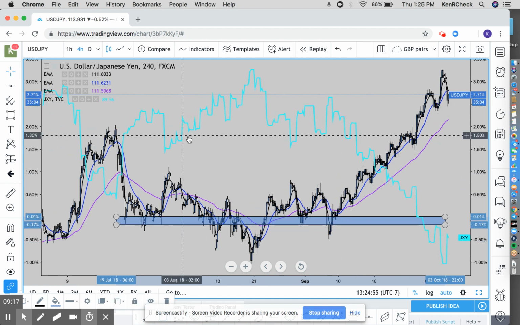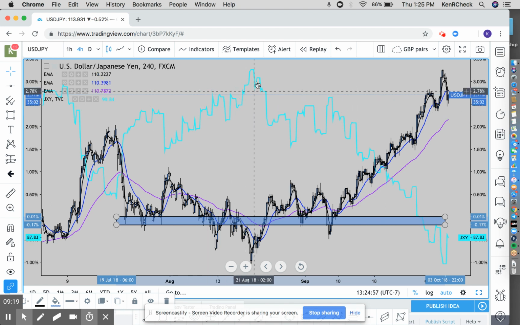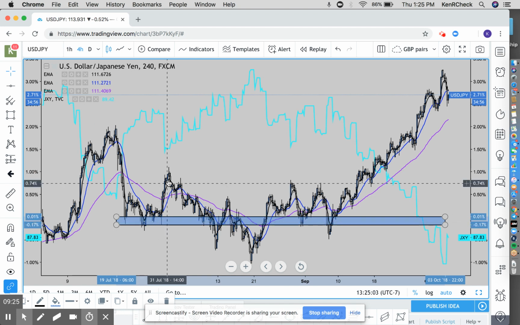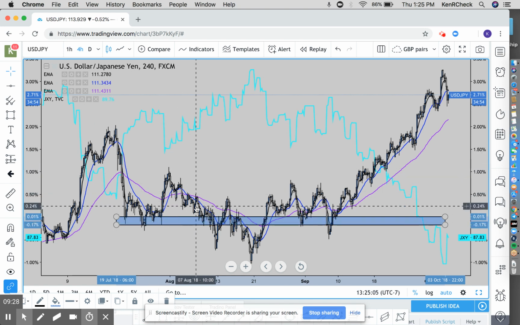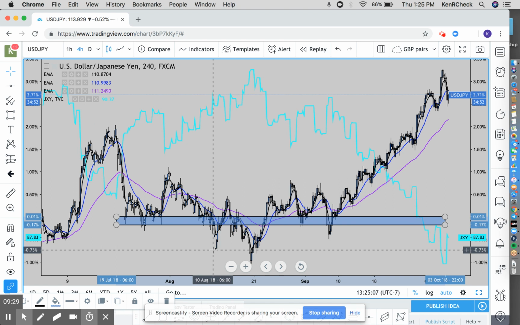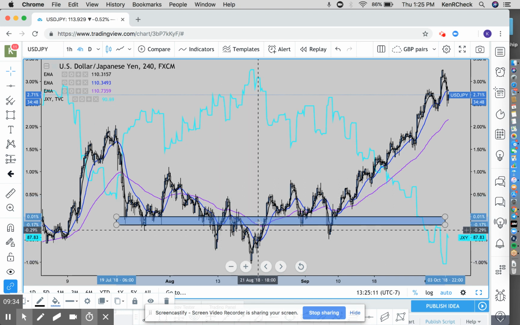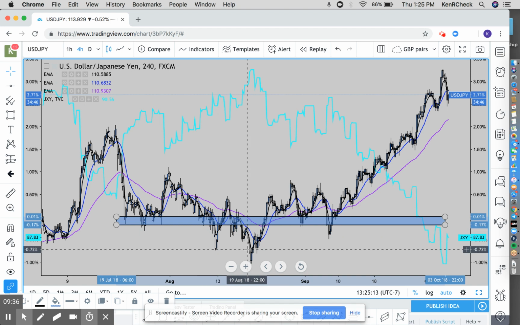So you see the market continue to keep going up, keep going up, keep going up. So it came down into the support, took off, right? And ever since, it came down to create a new low, came back up, created another new low. Overall, this is a double bottom.